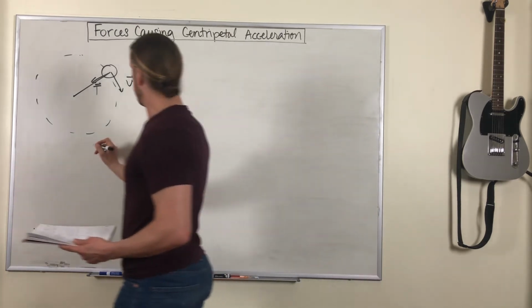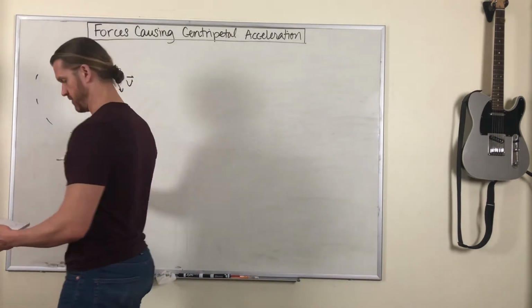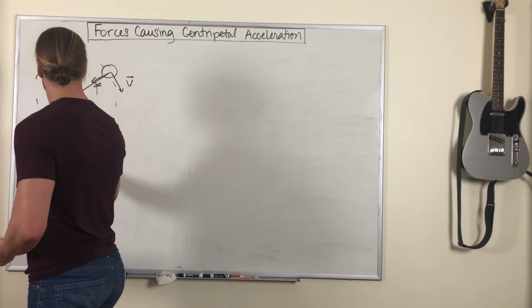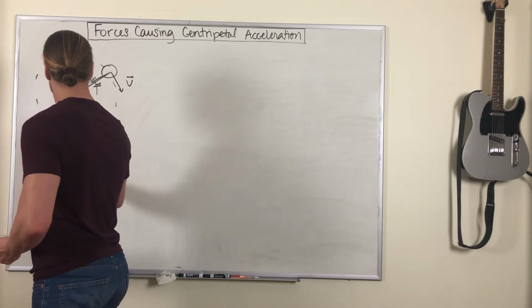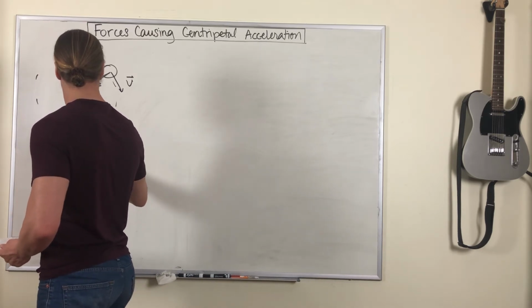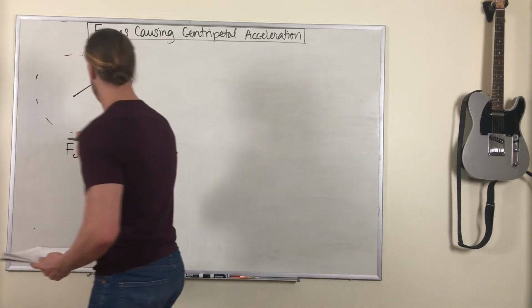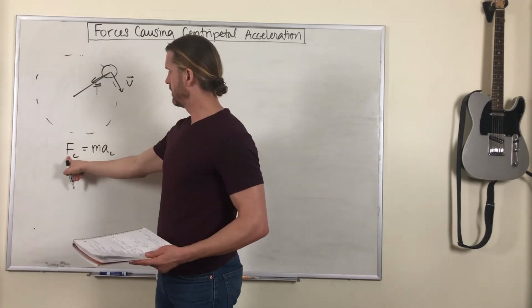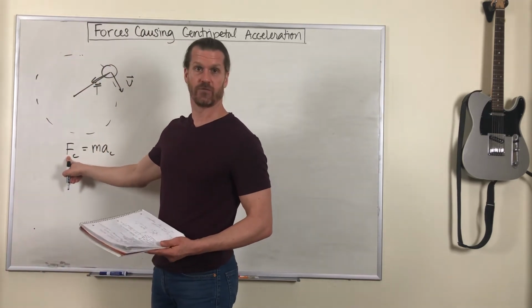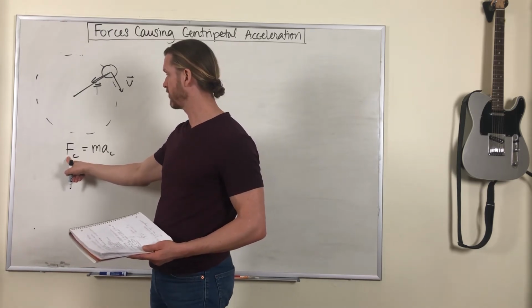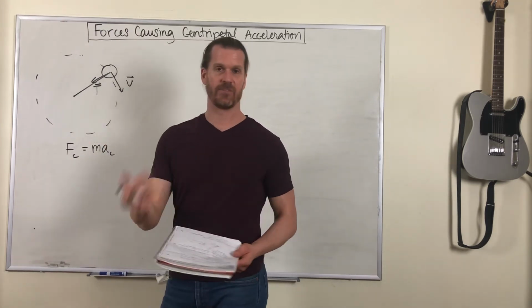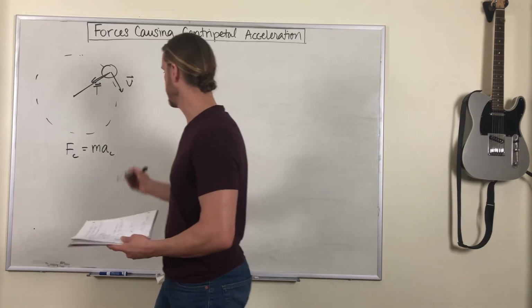So Newton's second law for circular motion looks like this. We have this force that's centripetal, directed toward the center of the circle, equals m times the centripetal acceleration.